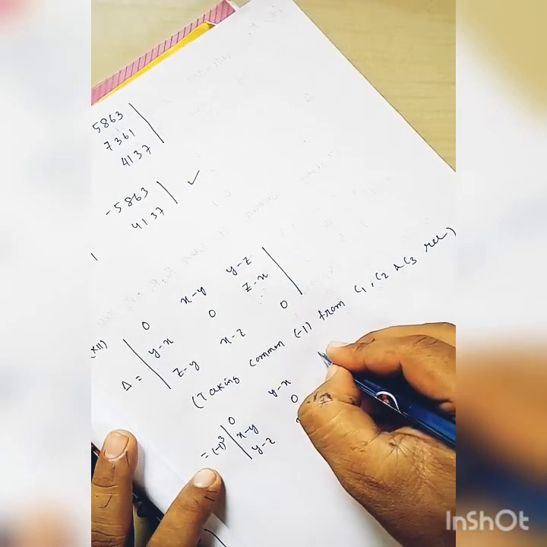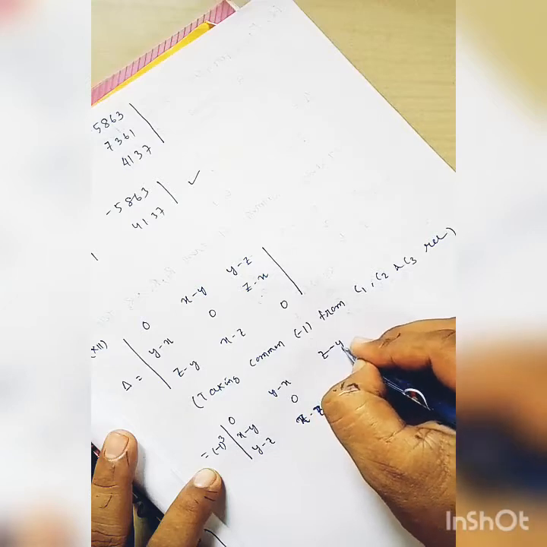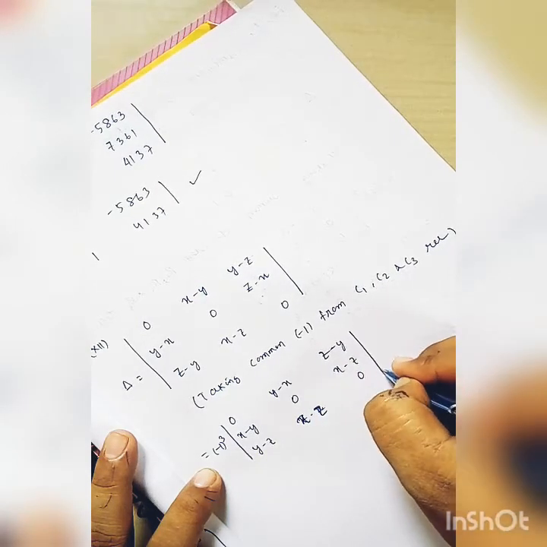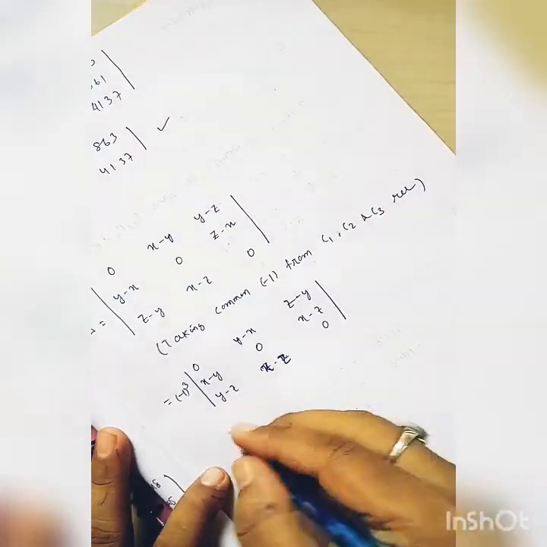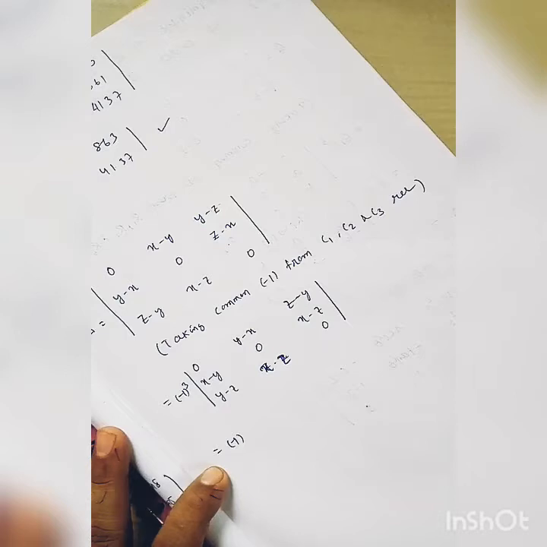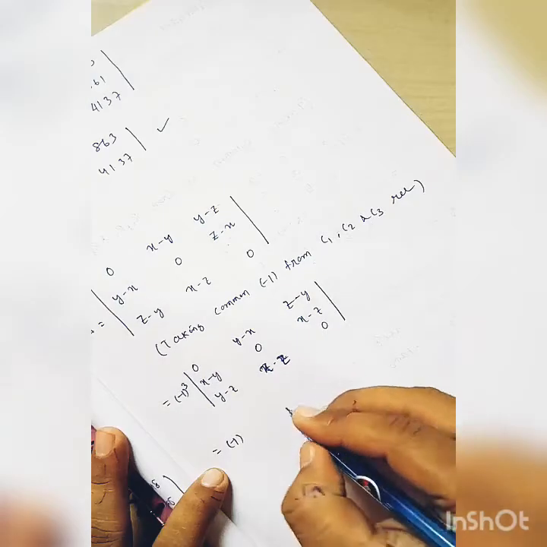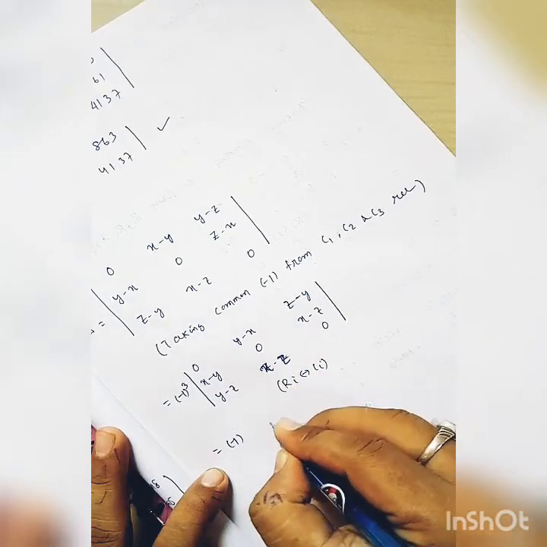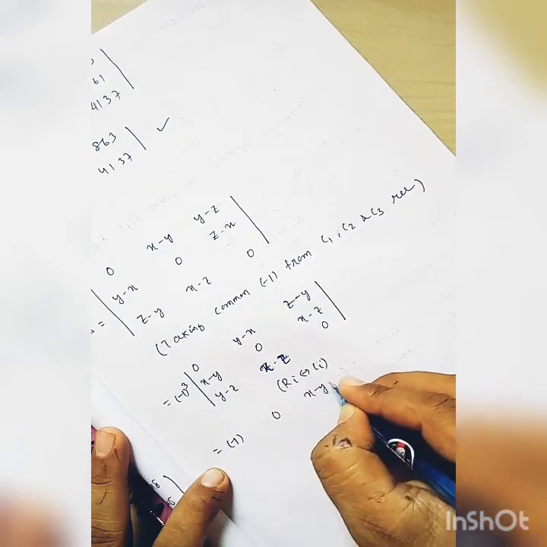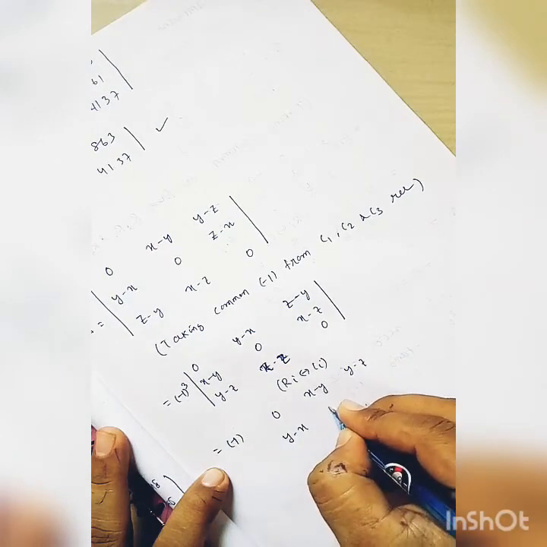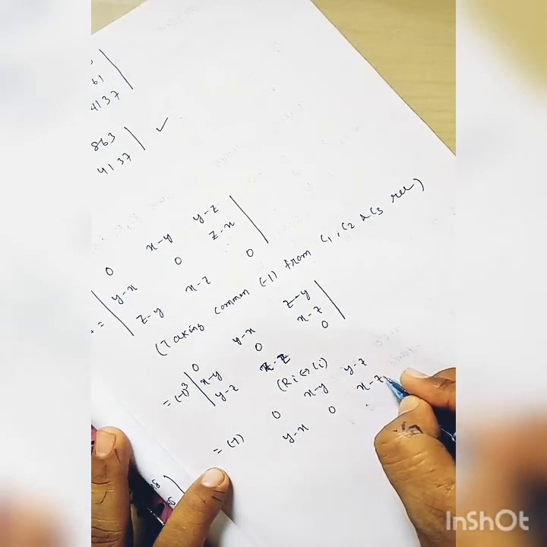Similarly, z minus y, x minus z, 0, minus 1 cube, minus 1. By using reflection property, that is Ri interchange with Ci, that is 0, x minus y, y minus z, y minus x, 0, x minus z.